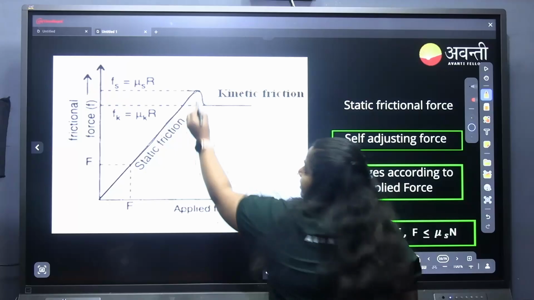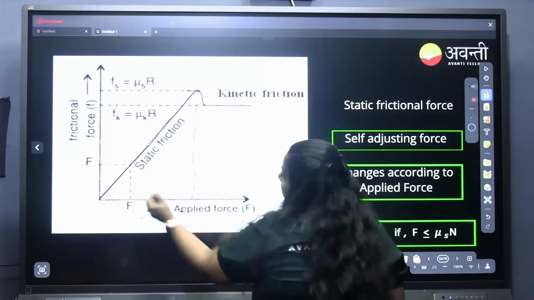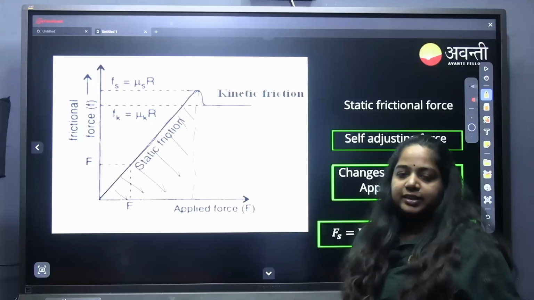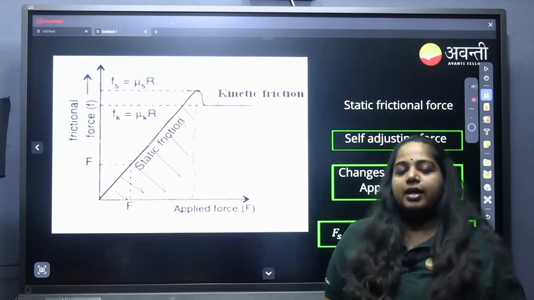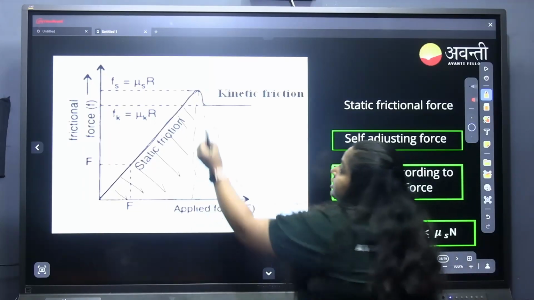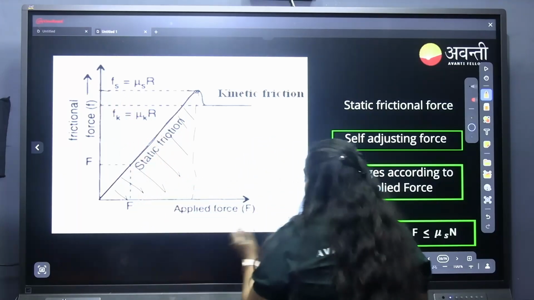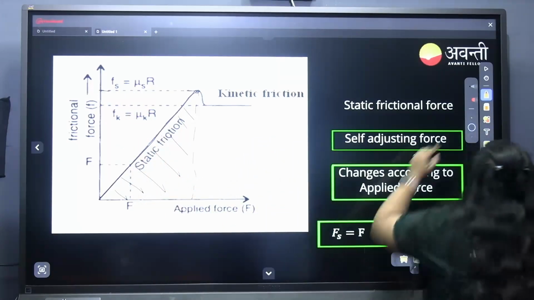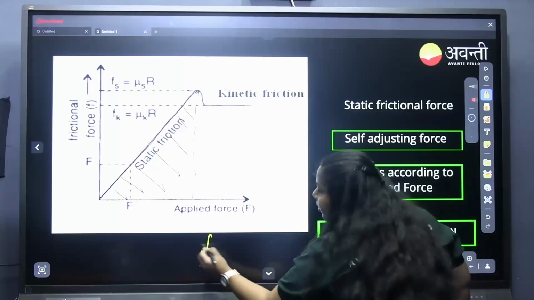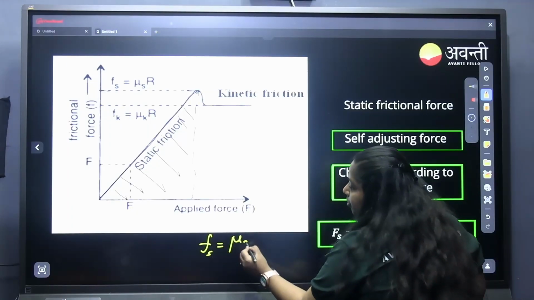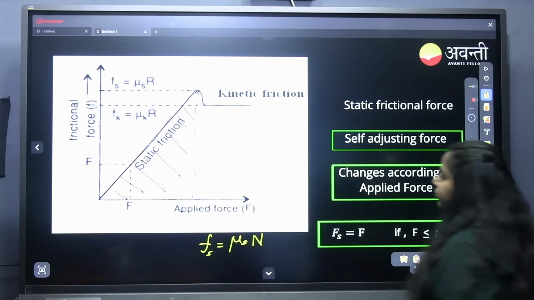And this region, where it is linearly increasing from 0 with applied force, is static friction. This maximum value is called limiting friction, or maximum value of static friction, and it is equal to mu s into N.